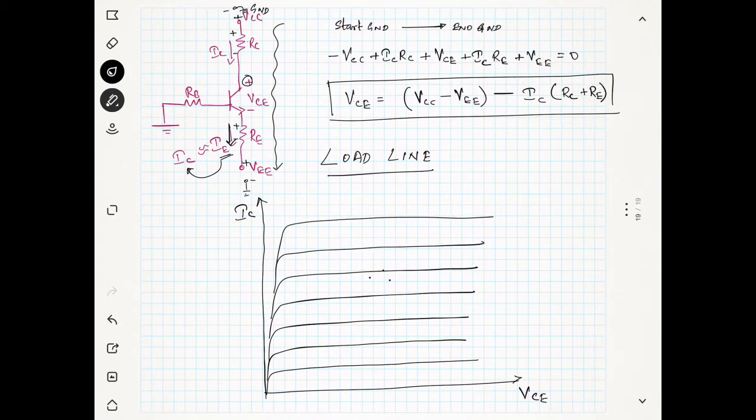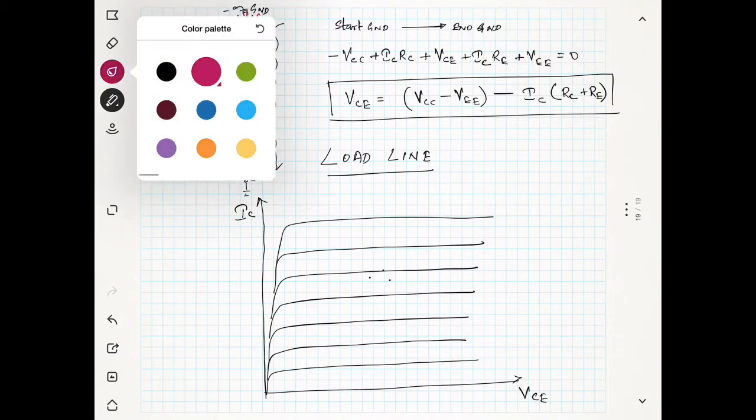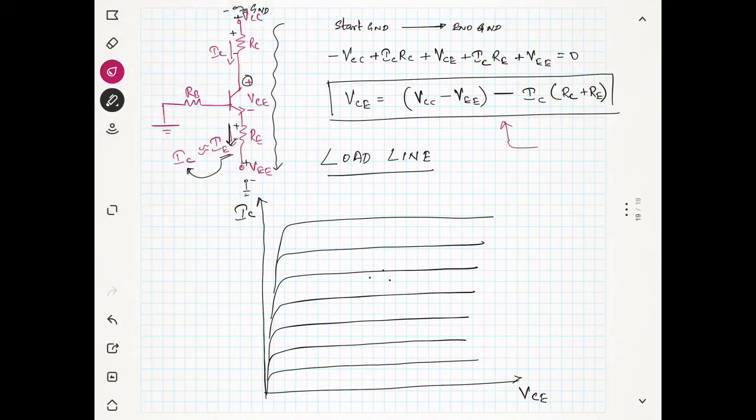This equation that you can see here is the equation of a straight line.